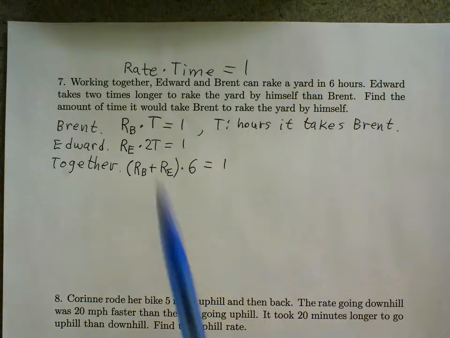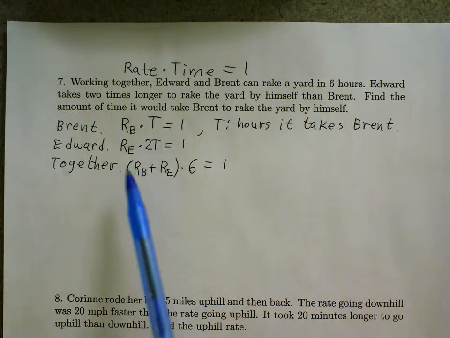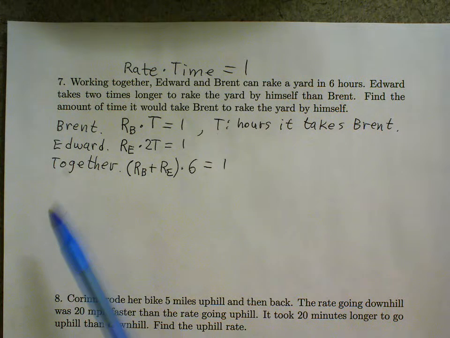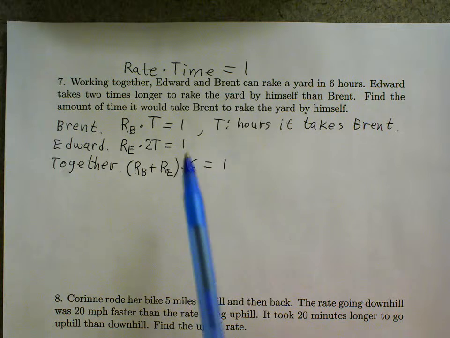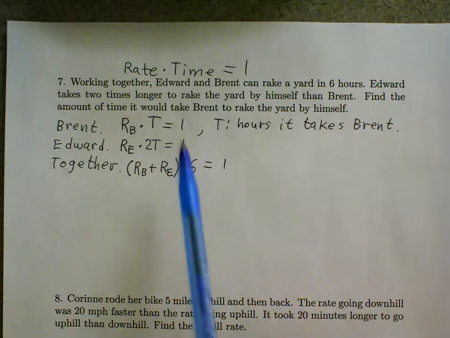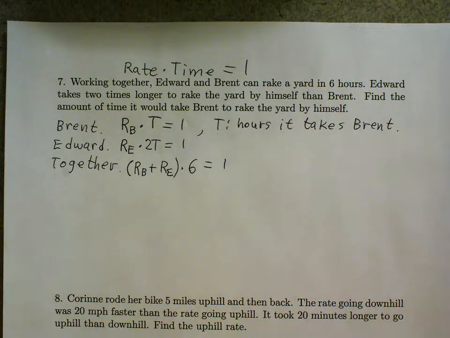At the moment, we don't have a single equation whose only variable is T. We do have 3 equations, each having the form rate times time equals 1.